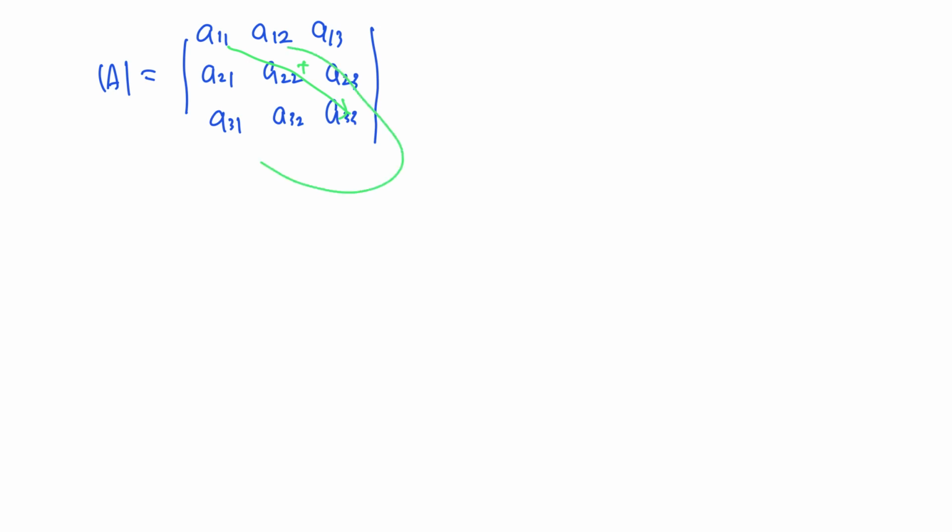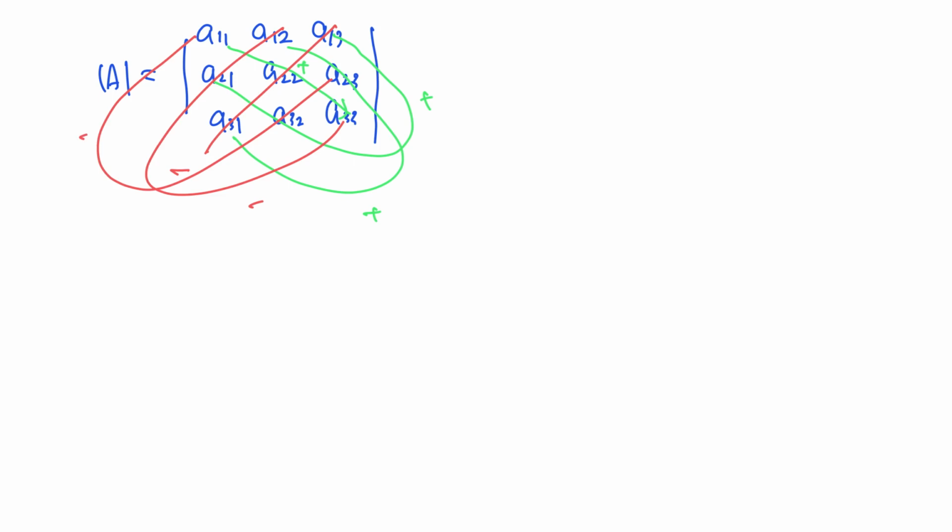And this one plus, this too plus. This is even permutation. This direction is minus. So this one is minus. This becomes minus. That's a graphical rule. You obtain the same result.